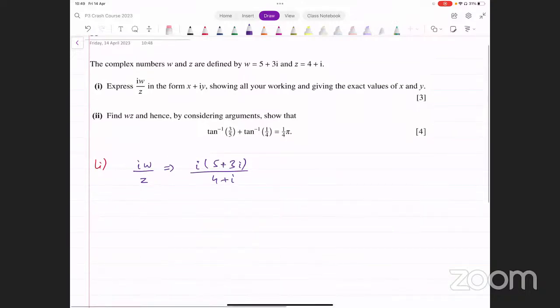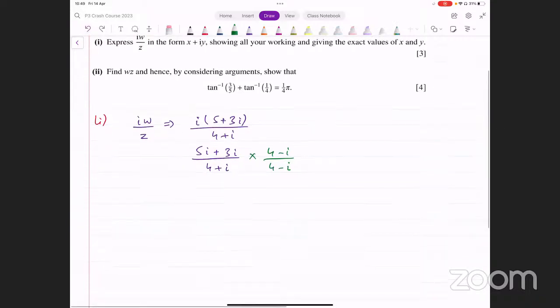Remember how we divide two complex numbers? We have to multiply and divide by the conjugate of the denominator. So we multiply by 4 minus iota. We also divide by 4 minus iota. That's the conjugate of the denominator. The conjugate of 4 plus iota is 4 minus iota. You multiply by that and also divide by that. Let's see what we get from this.